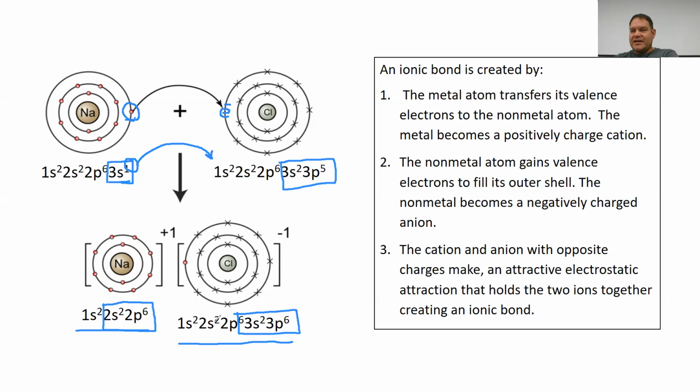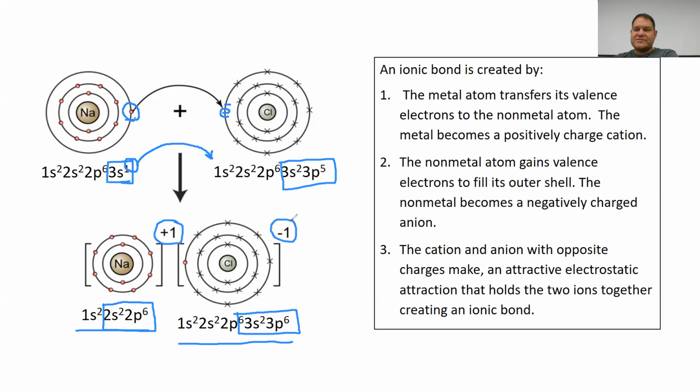So that way, each atom, metal, nonmetal, is going to have a complete octet or full shell, which is going to lower its potential energy. The only negative thing to this strategy is that you create the positive and negative ions, right? As a result, the sodium becomes +1 and the chlorine becomes -1.